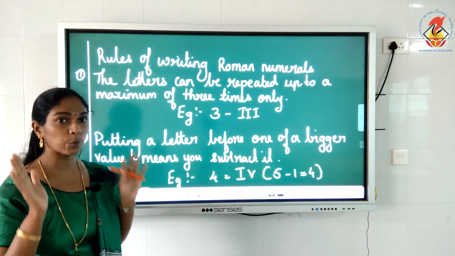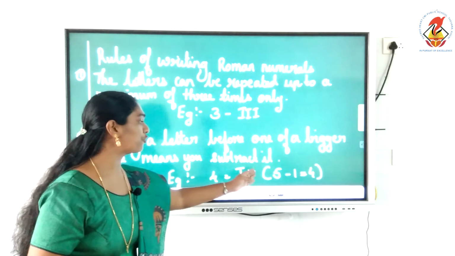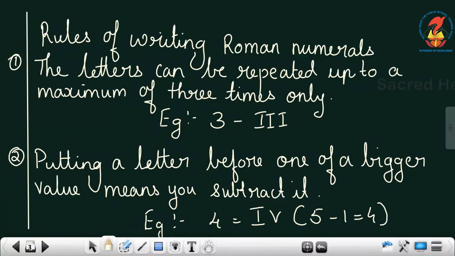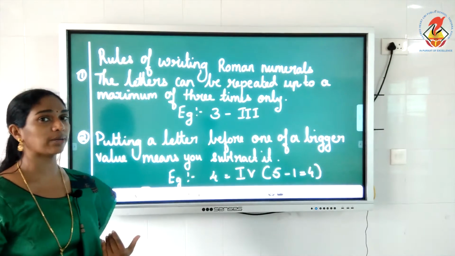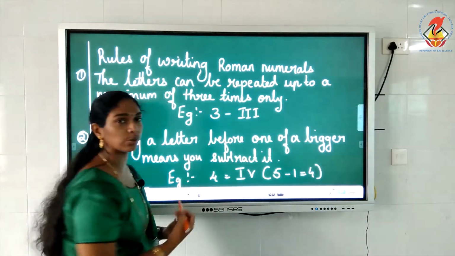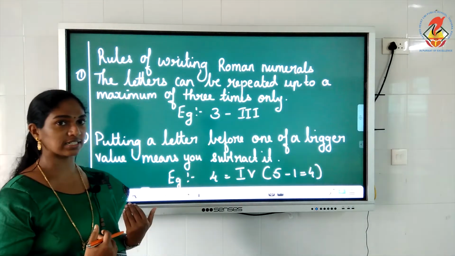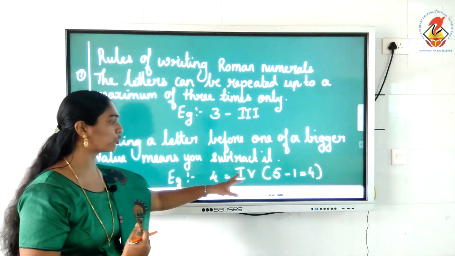That means the letter V. Before V, I put the letter I. What is written over here? Putting a letter before a bigger value. Here the bigger value is V. Before that bigger value, I put I.